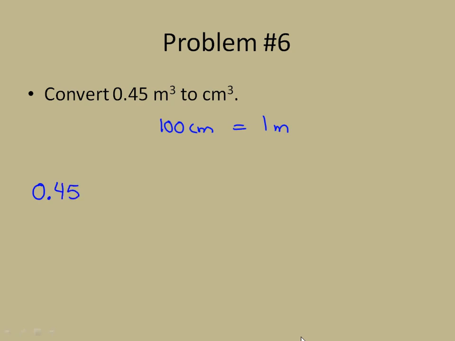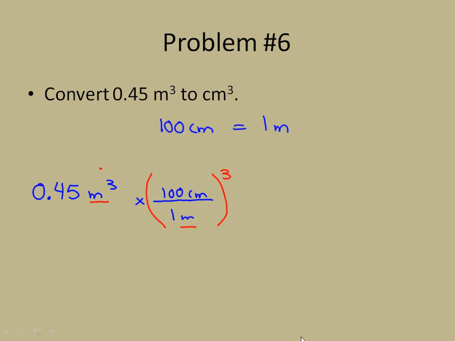And if I set it up first, just the way we have, with 1 meter in the denominator and 100 centimeters in the numerator, if I look at my unit analysis, I'm still going to have, if I cancel these meters, meters squared here. So I need to do the conversion 3 times before it will cancel. Once it's cubed, that'll give me meters cubed and centimeters cubed.